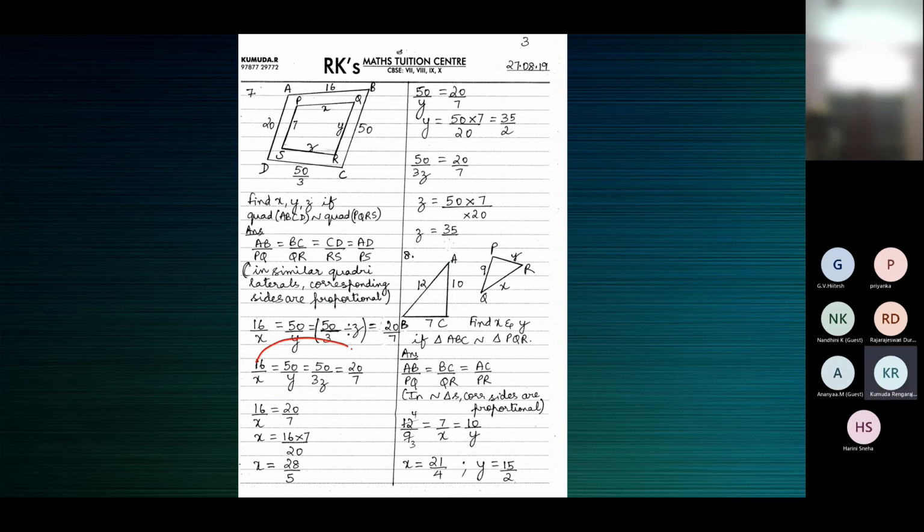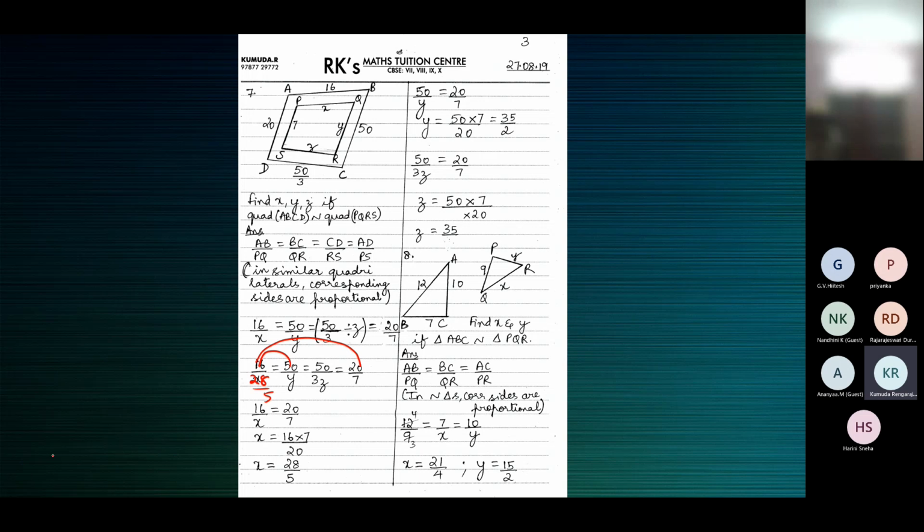First, you have to equate 16/x to 20/7 to get the value of x. Once you find x, you know that x is 28/5.